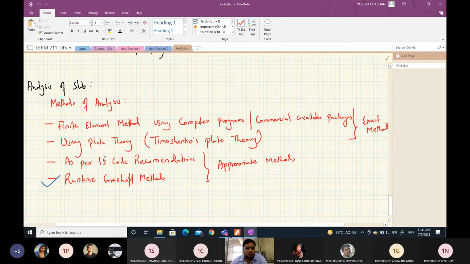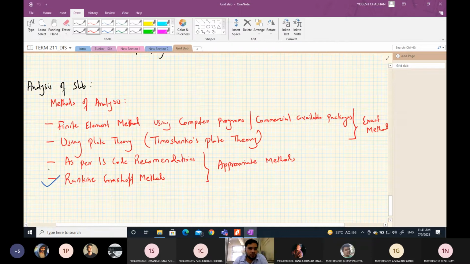Then Rankine-Grashof method is there. In this course, we will be discussing more about the IS code recommendations and Rankine-Grashof methods. So today, let us go through some IS code recommendations.